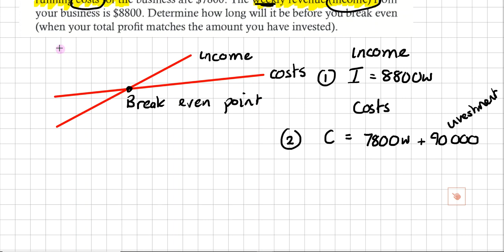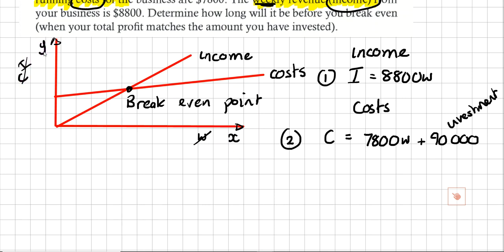On my set of axes, this would be the number of weeks. What could I call this axis? You could just let W be X and I and C be Y. Okay, so let's just say that's X. Income and cost, let's just call them Y. Keep it simple, keep it what we're used to.